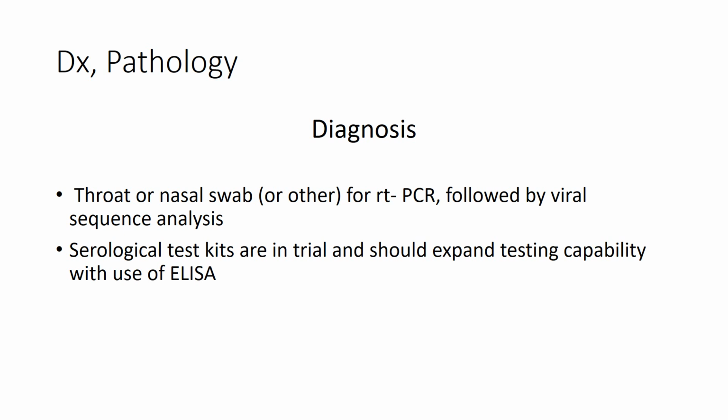There's even rapid tests that can be used of saliva, for example, for HIV, that can be done at home, just a little strip of paper that shows a color. Not there yet. Once these serological tests are available, they will expand the testing capacity greatly and also make it much less expensive to do testing.